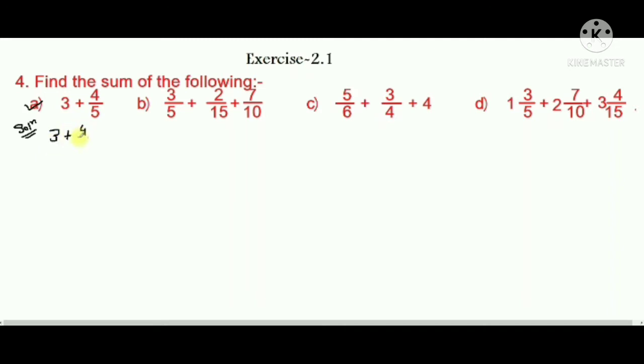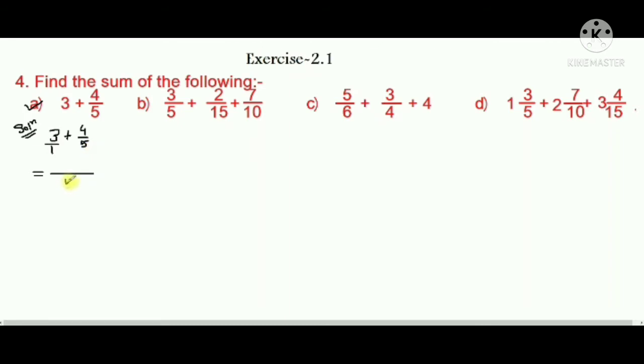Okay, so here you see, this number is the whole number, right? So its denominator is 1, so we'll write 1 here. Now we will take the LCM of the denominators, right? There is 1 and there is 5. So what is the LCM of 1 and 5? It is 5.